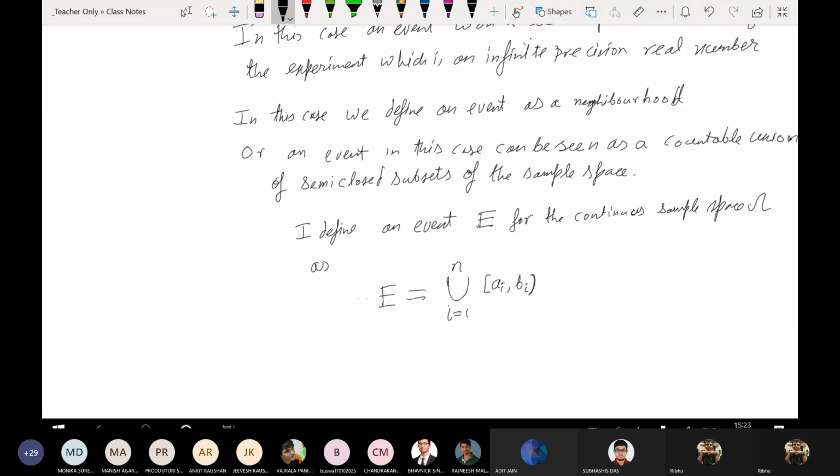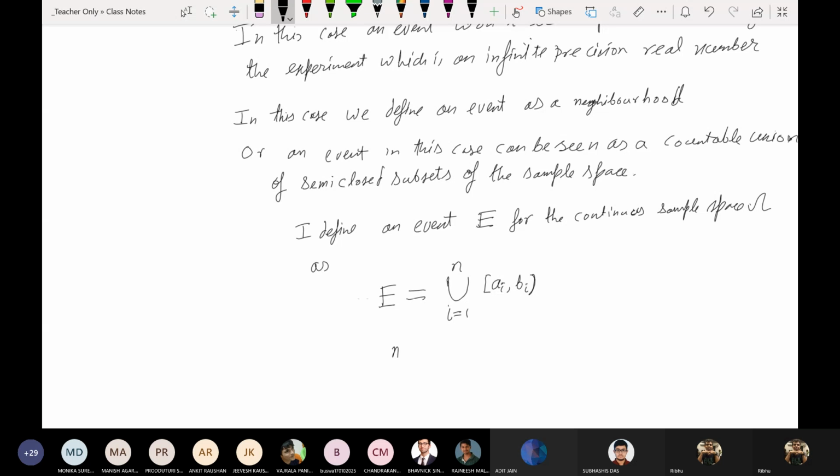This can be n tends to infinity, just that it has to be countable, and E is a subset of omega. Fine.